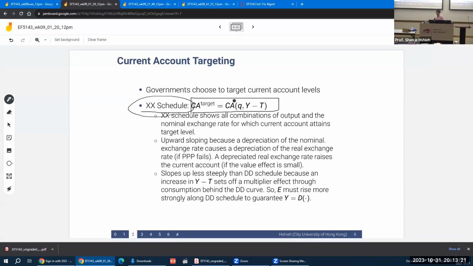And we're saying it takes a function of Q and Y, and we know that Q, of course, is equal to EP star over P. And so what we're trying to do is plot the trade-off between E and Y for a fixed number, right? So given this current account function, different combinations of E and Y give us some fixed number. So CA target is just some arbitrary number that a country has.